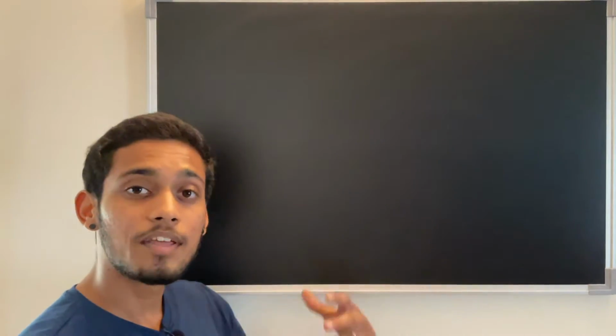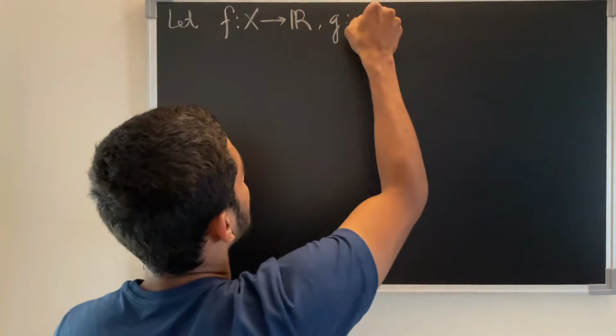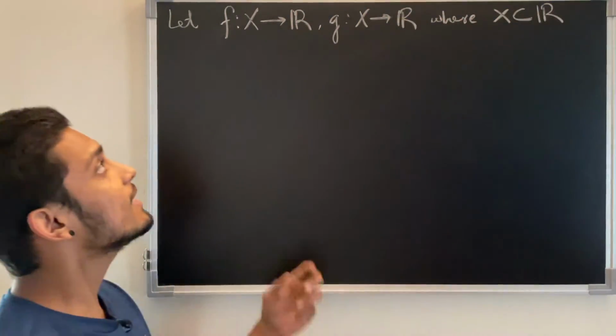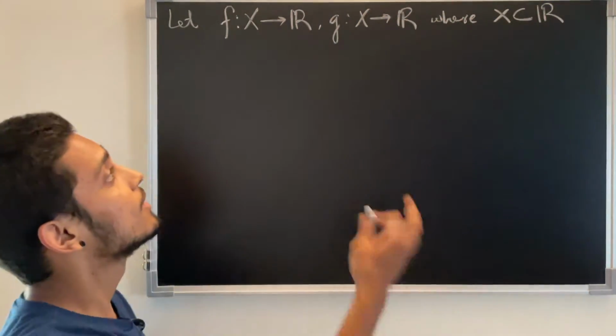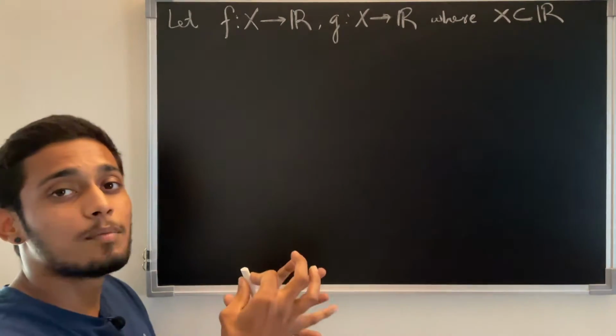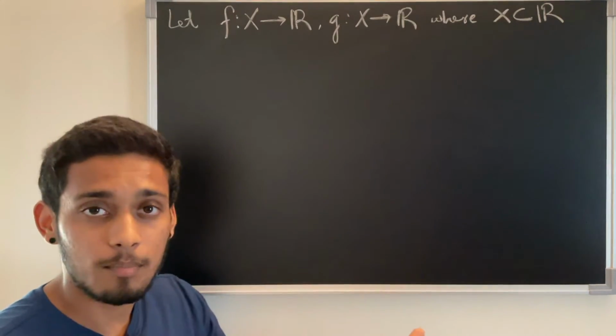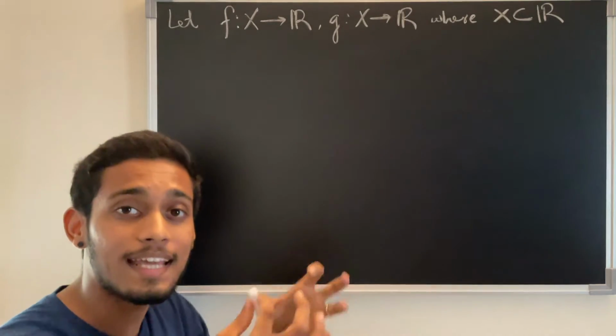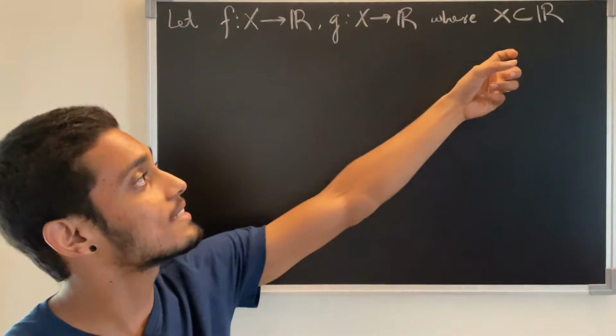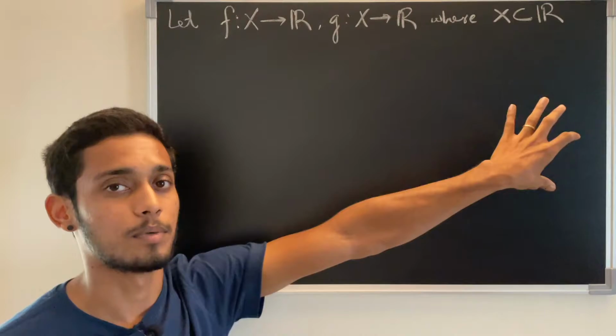As I said, we are going to take two functions f and g. So f and g are two real valued functions where f is taking the elements from x to real numbers and g is taking the elements from the set x to the set of real numbers, where x happens to be a subset of the real numbers.